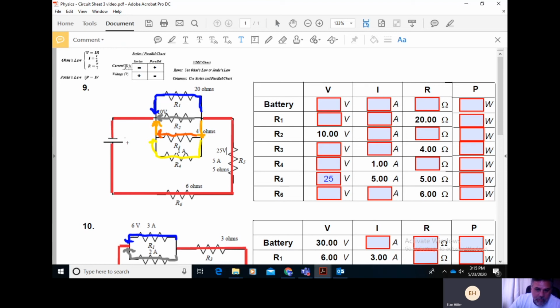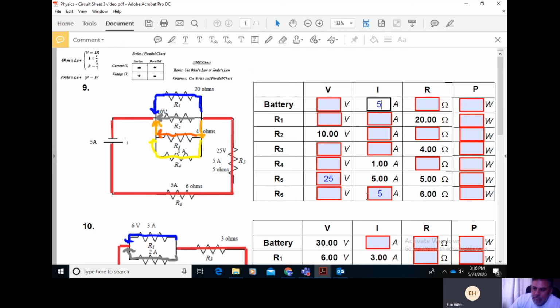And what do we know about current in series? We know that current in series is the same. So if this is 5 amps, that means the current here is 5 amps. It also means the total current that came from the battery is also 5 amps. So you can start by filling out 5 amps here and 5 amps from the total battery.